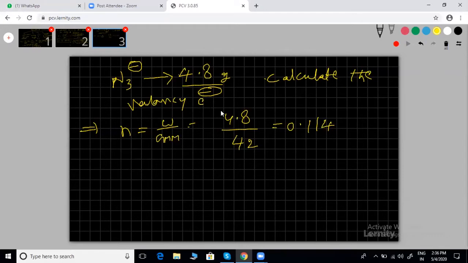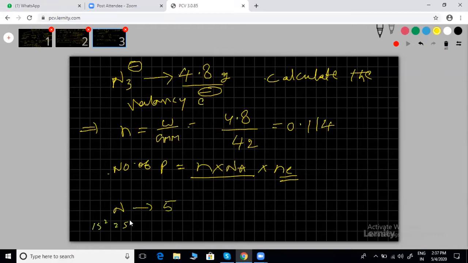They're asking for the total number of valence electrons. Again the same thing: electrons are particles. Number of electrons equals n into Avogadro number into how many electrons they have in total. Each nitrogen has valence electrons 2s2 2p3, so 5.